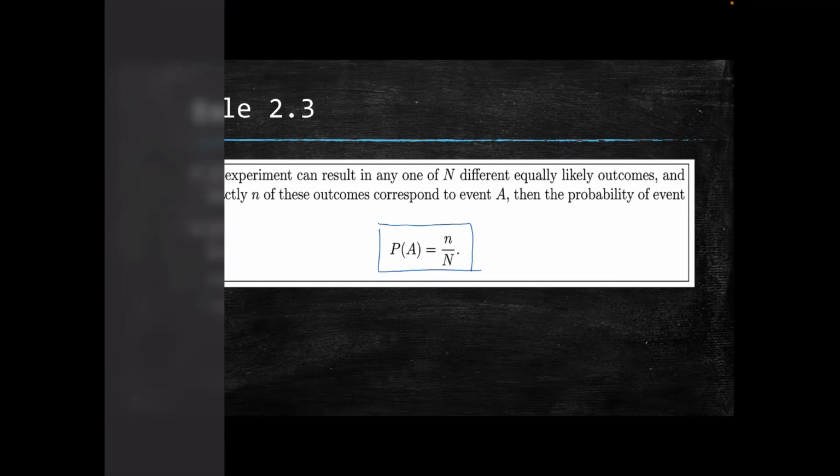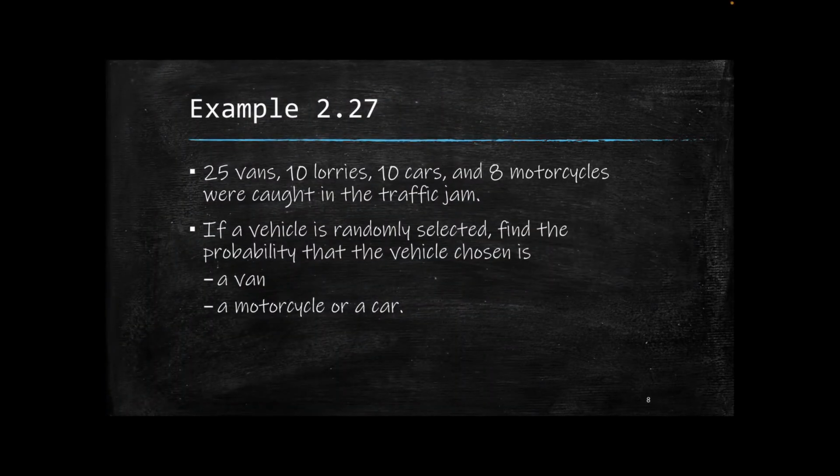In this example, a statistics of 25 vans, 10 lorries, 10 cars, and 8 motorcycles were caught in the traffic jam. If a vehicle is randomly selected, find the probability that the vehicle chosen is a van, and a motorcycle or a car.